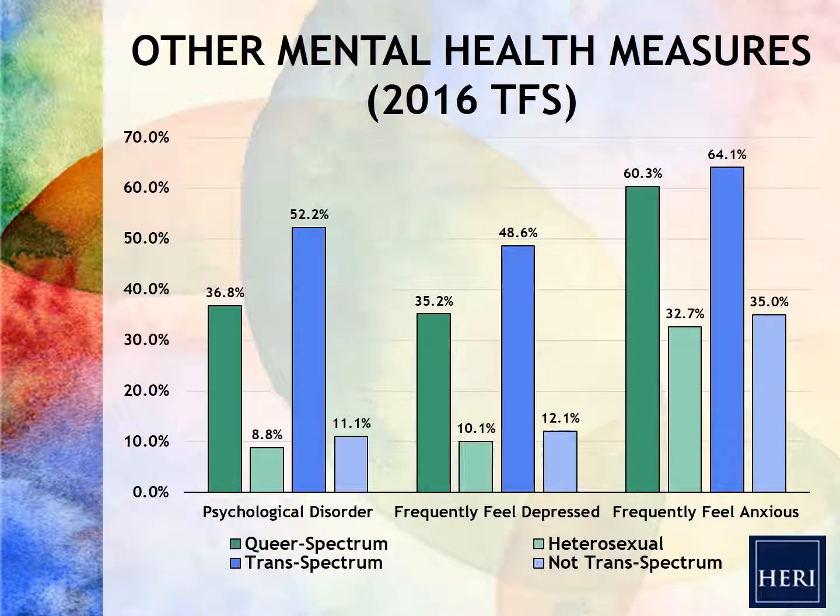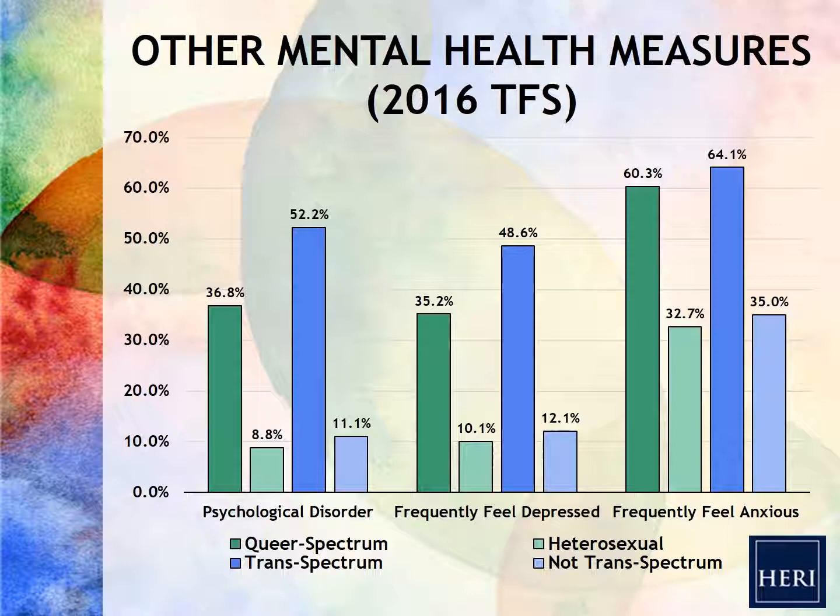So some other questions with this data. We have frequently felt depressed and frequently felt anxious again, and this time we have the queer spectrum as a whole, as opposed to broken down as in the previous slide. But I wanted to focus here on the psychological disorder.